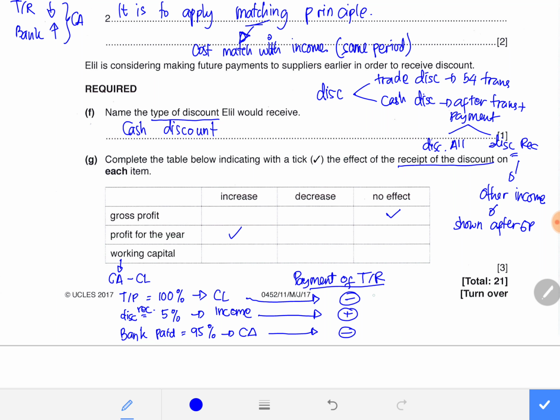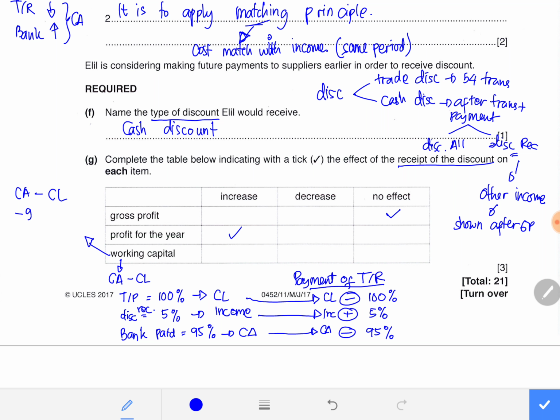Now, in terms of CL, decreased by 100%. Income increased by 5%. CA decreased by 95%. Now, if working capital is CA minus CL, your CA is decreased by 95.